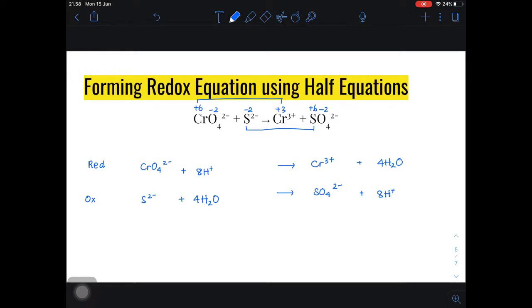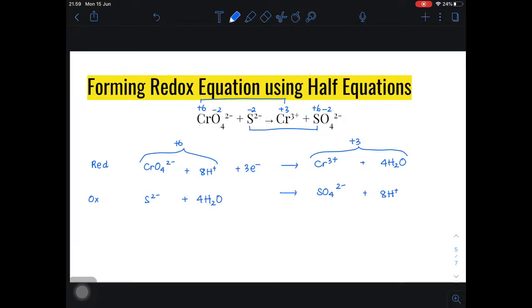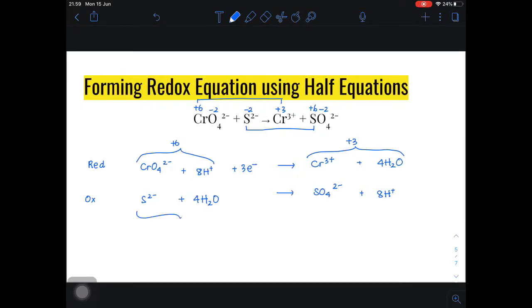So this one is +6, this one is +3, therefore we need 3 electrons here. This one is -2, this one is +6.